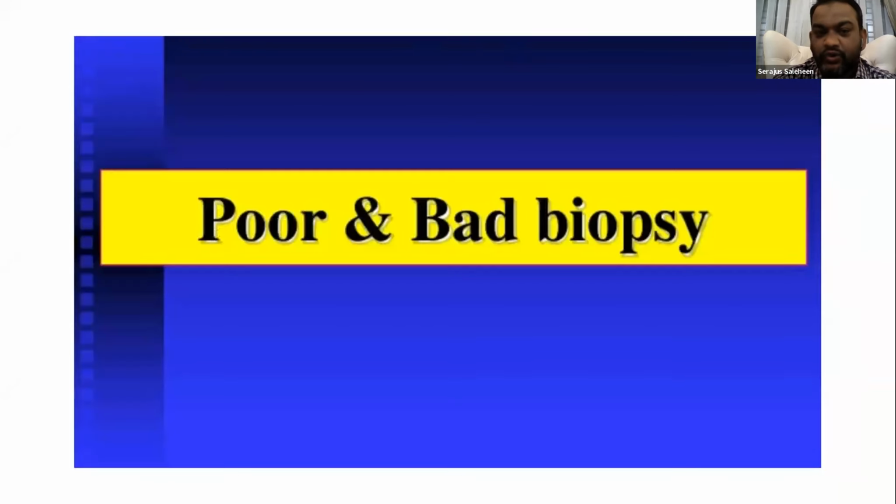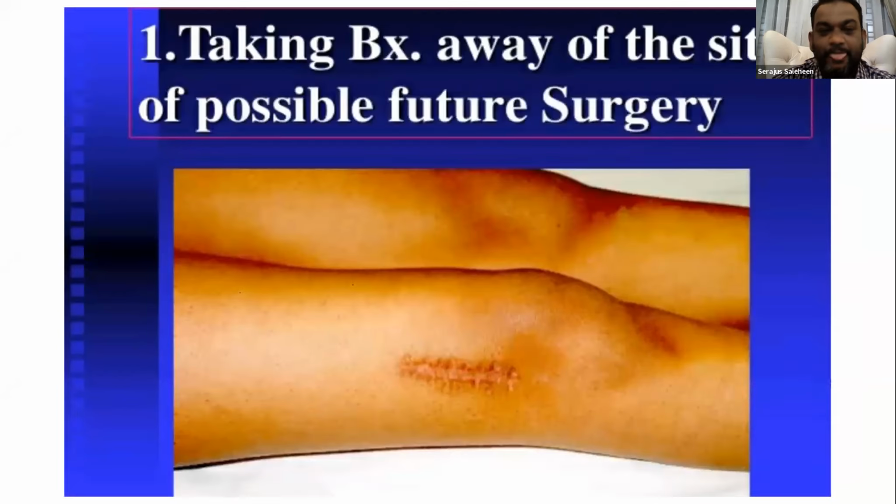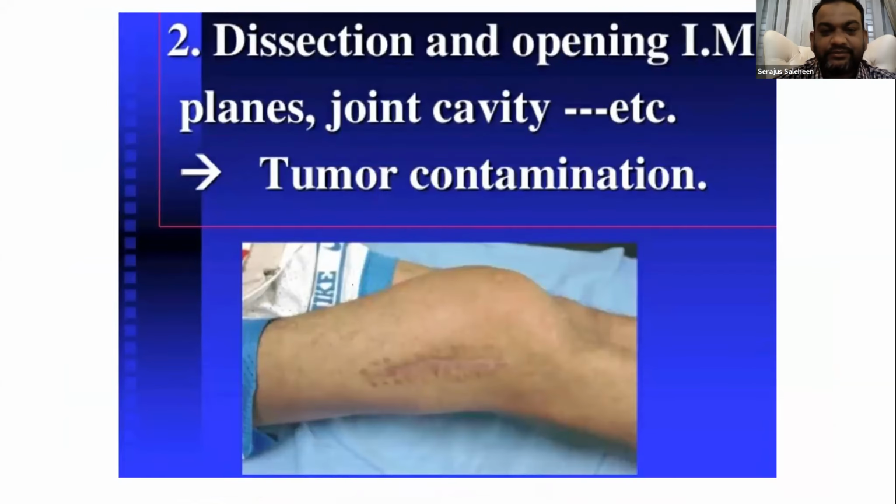So, I am now going to show some examples of poor and bad biopsy. This is the photograph of a poor biopsy. Here, the biopsy is taken away from the site of possible future surgery, so it is far away from the future surgical plan. So it is a poor biopsy site.